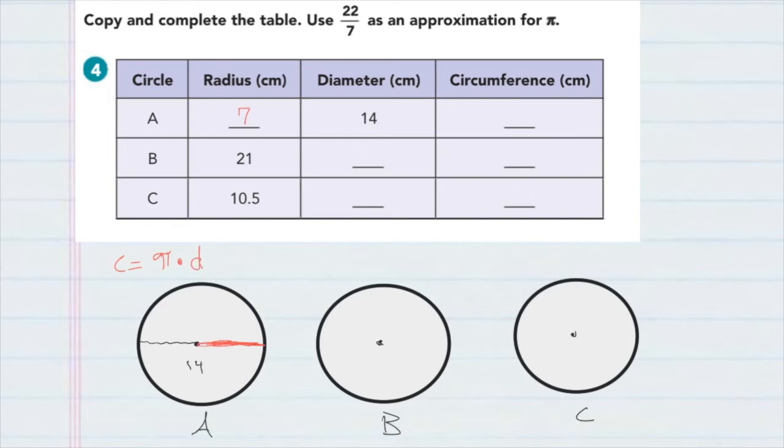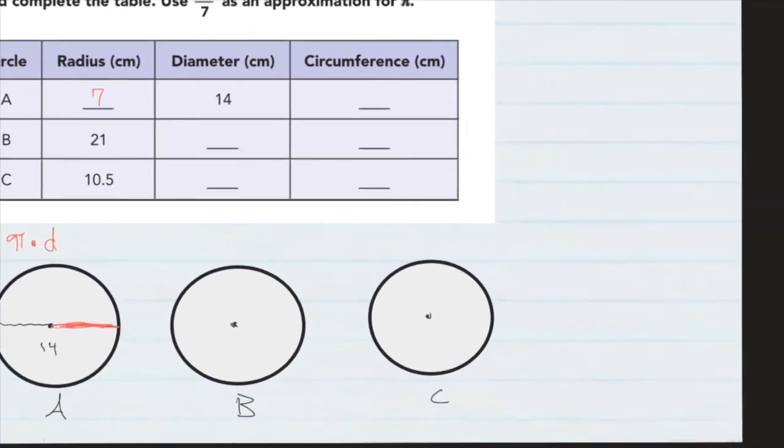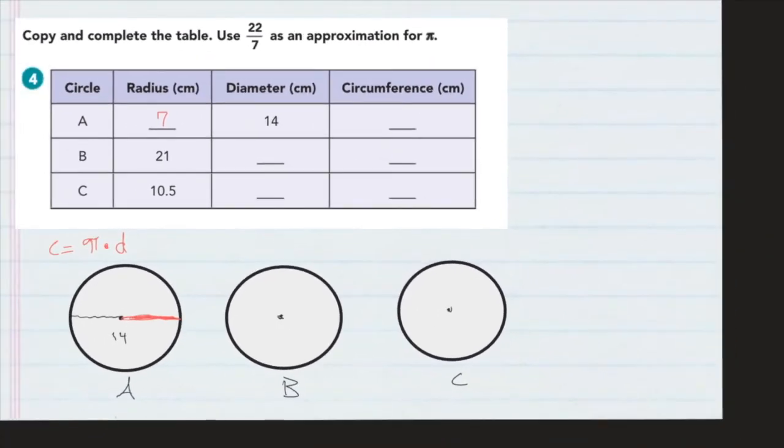And if we do that math out, and let's do that math out just to the right of it here, we're going to use 22 over 7 as pi. 22 over 7 times 14. And now you're multiplying fractions. So you have 22 over 7 times 14 over 1.